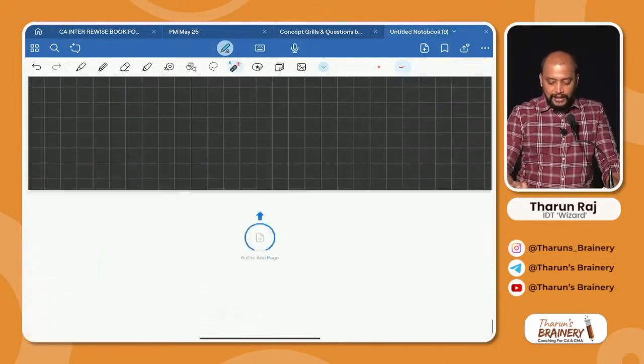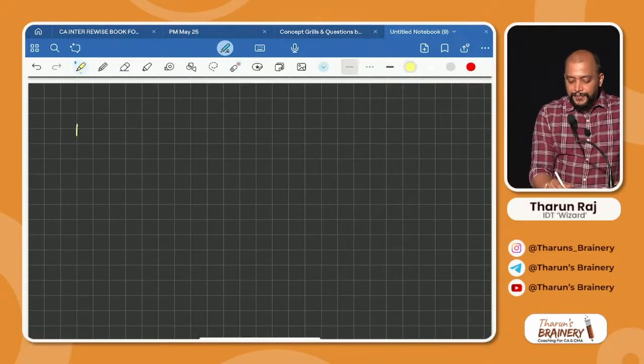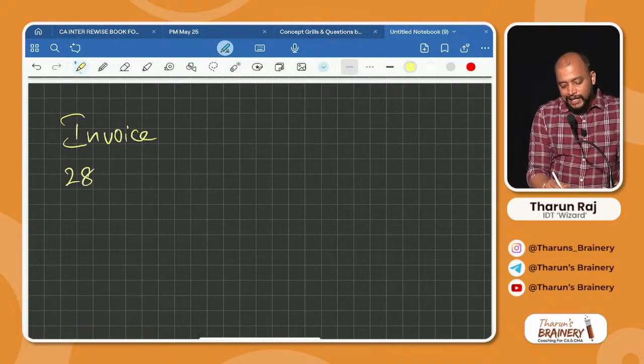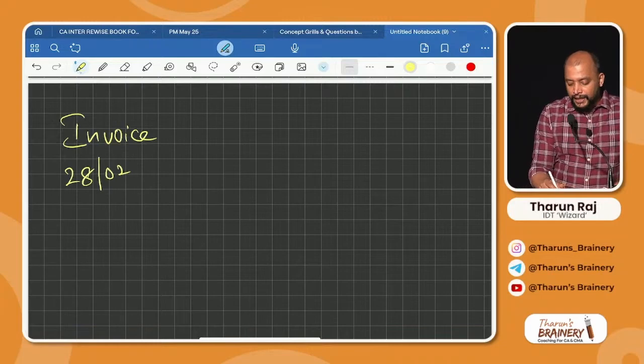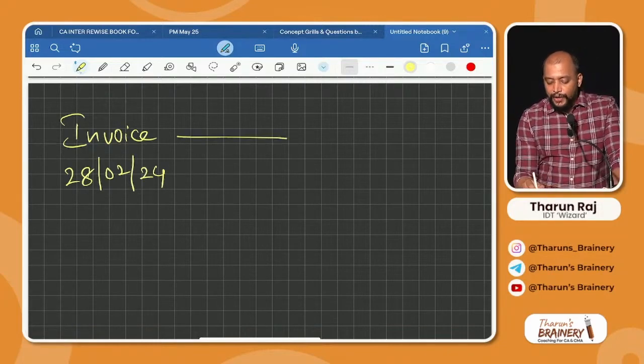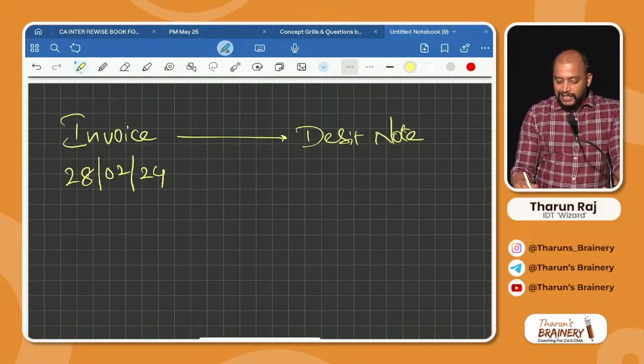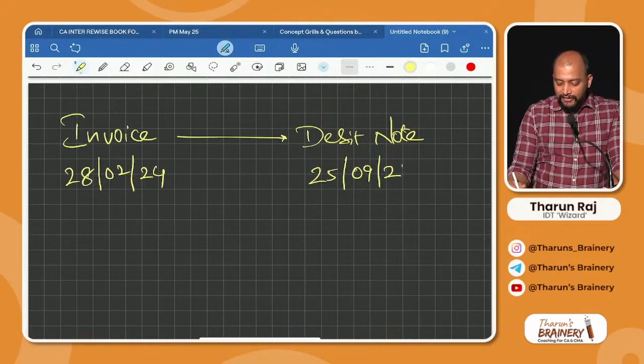Concentrate. Suppose the invoice is given on 28 February 2024, but for this invoice a debit note is given on 25th September 2024.